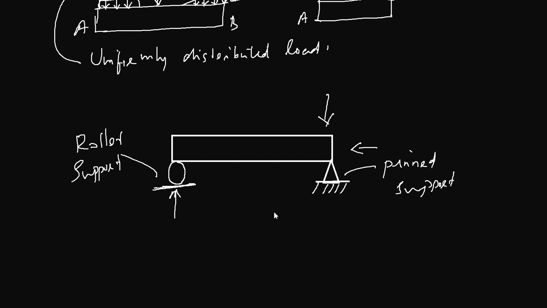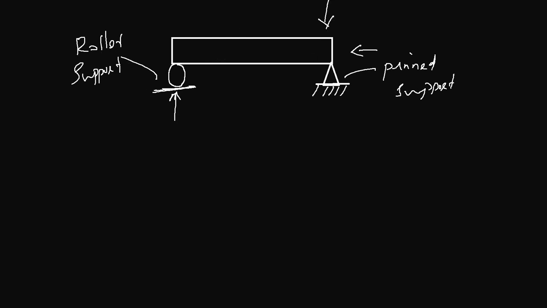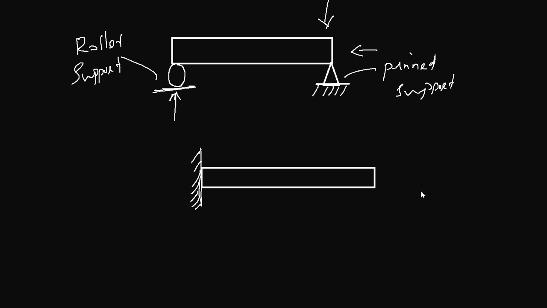You can also have another support, if you consider one more beam here. If you have a beam like this, you can also have a support which is offered at this end completely, or both ends for that matter.